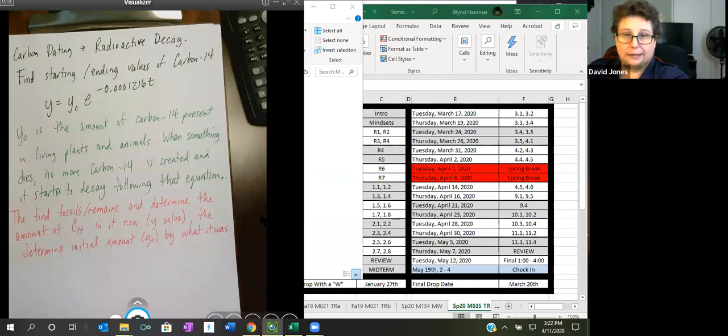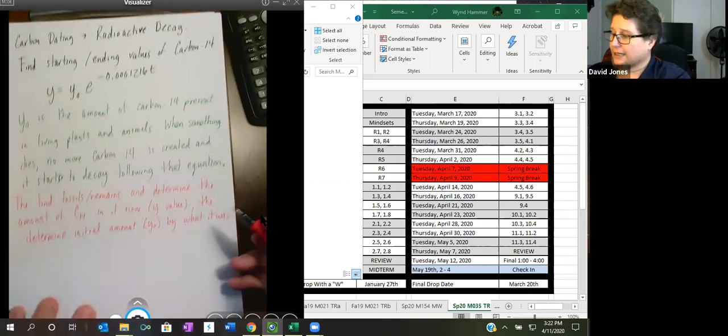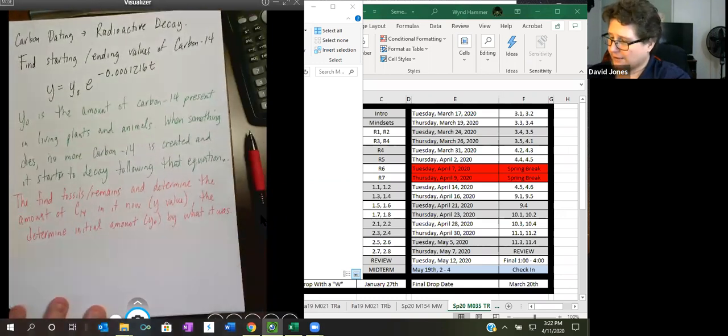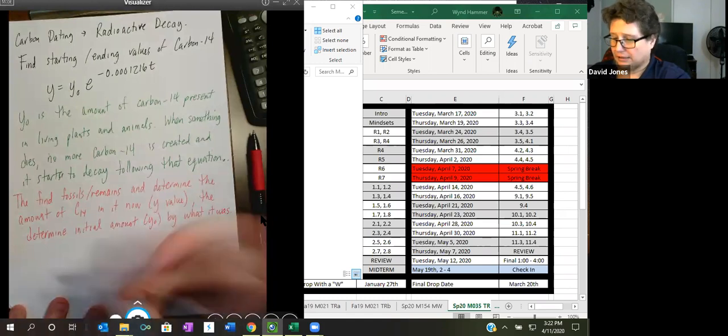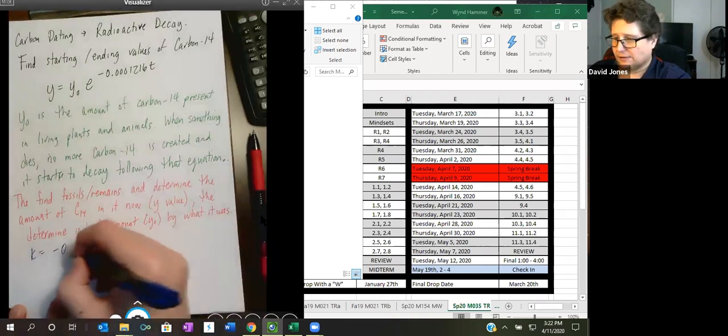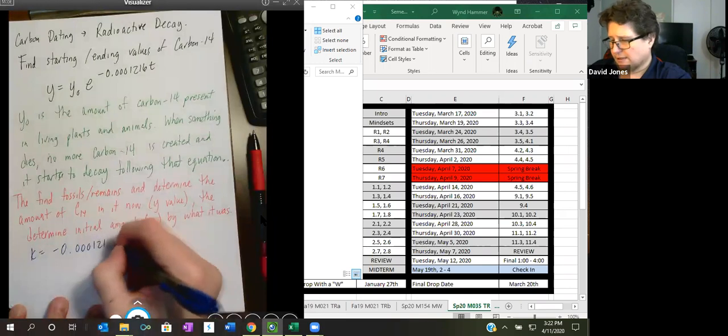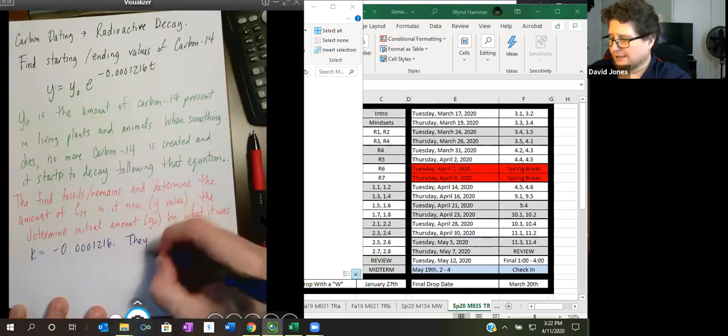Let's say they just found the arm bone, and they see how much it has versus what it should have had, and they have K. They can calculate T.